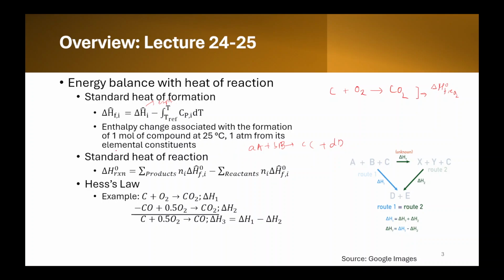How can you compute the standard heat of reaction using the standard heat of formation of each of the constituting reactants and products? This is the formula given for that: summation of stoichiometric coefficient into the standard heat of formation. This is the specific standard heat of formation. If you multiply it with the stoichiometric coefficient, you basically get the heat of reaction.